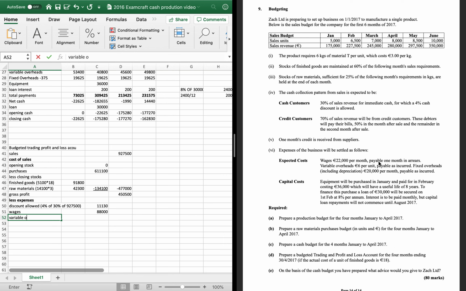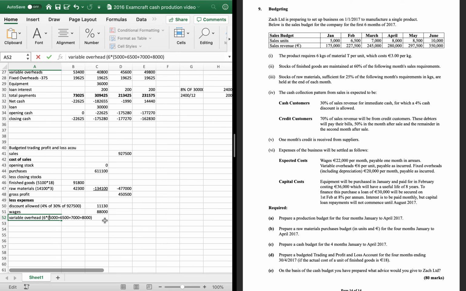Our variable overhead was €6 per unit. So it's going to be 6 multiplied by the number of units. So the number of units are 5,000 plus 6,500 plus 7,000 plus 8,000. I'm just showing you this way. You don't have to do it that way.